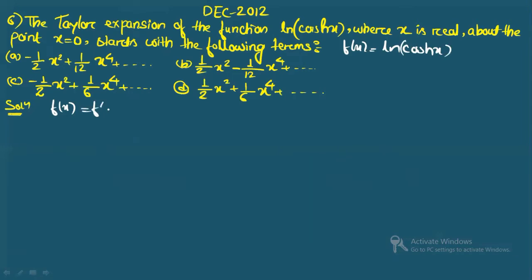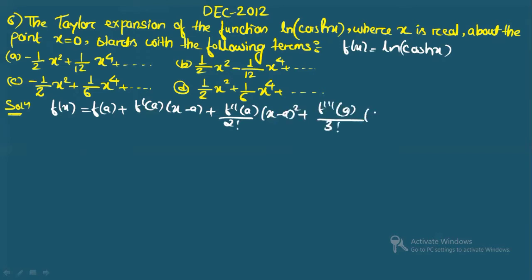The Taylor series expansion is f(a) plus f prime(a) by factorial 1 into (x minus a), plus f double prime(a) by factorial 2 into (x minus a) whole square, plus f triple prime(a) by factorial 3 into (x minus a) whole cube, plus f4(a) by factorial 4 into (x minus a) whole to the power 4, and so on.